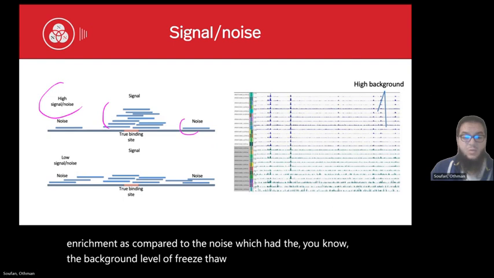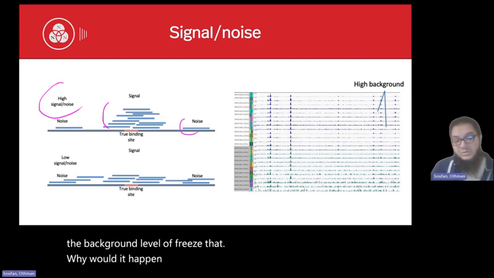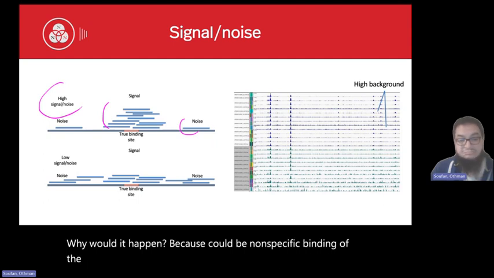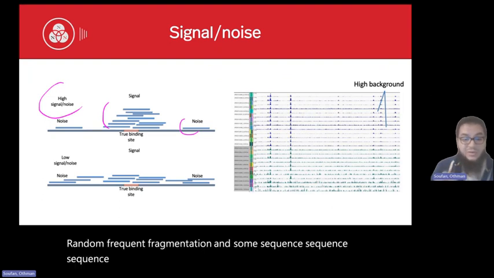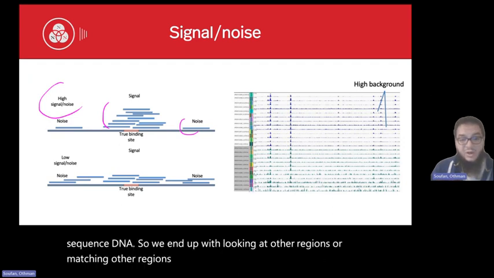Why would that happen? Because of non-specific binding of the antibody, random fragmentation, and some sequencing of DNA, so we end up matching other regions that are not actually of interest.